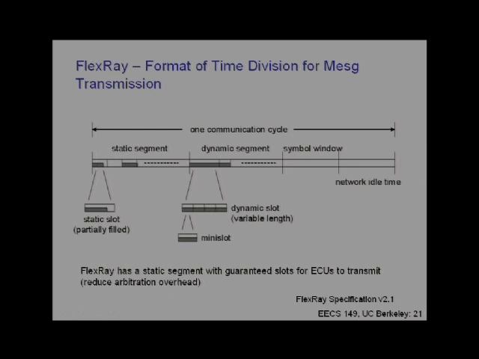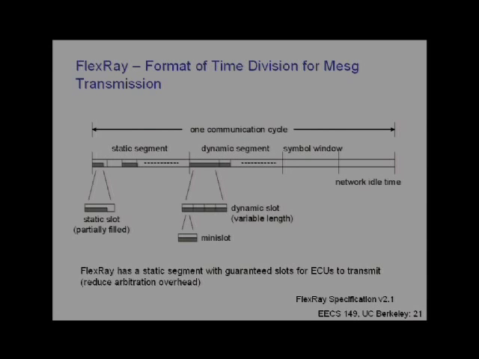But for flexibility, you'd also have a dynamic segment, right? Because if you have a static segment, then each time you'd have this communication cycle, not all ECUs will want to communicate every cycle, right? It will only want to communicate when there's a new message to be transmitted. So there can be wasted slots here.